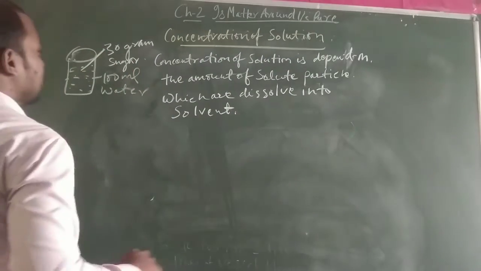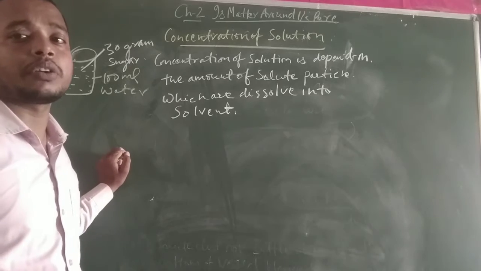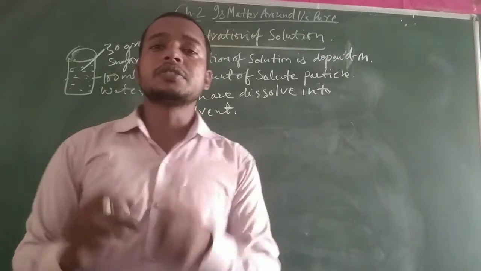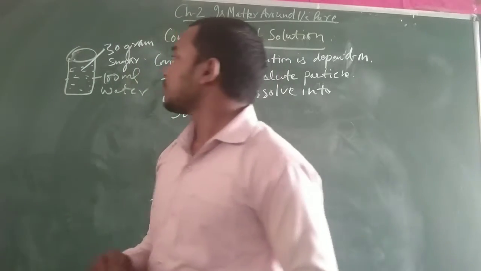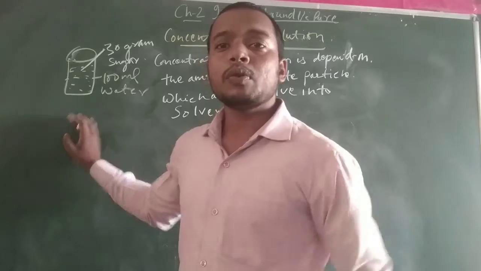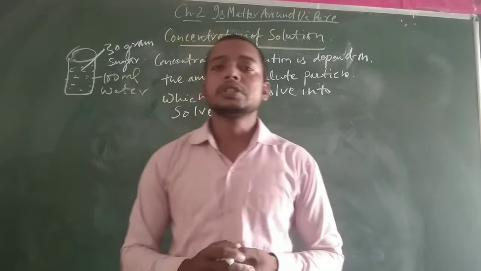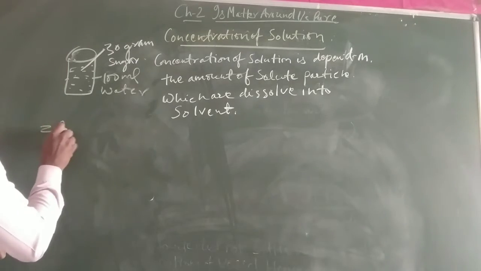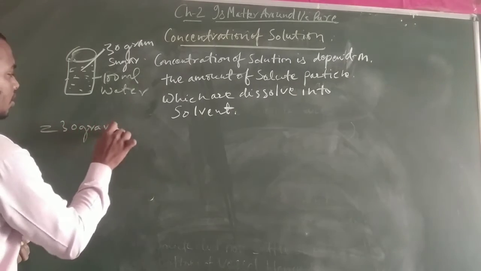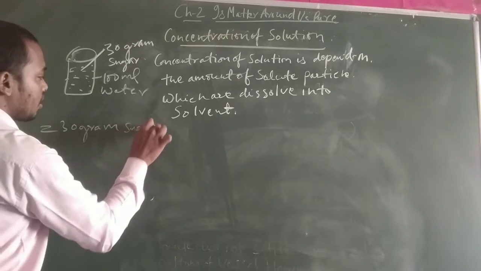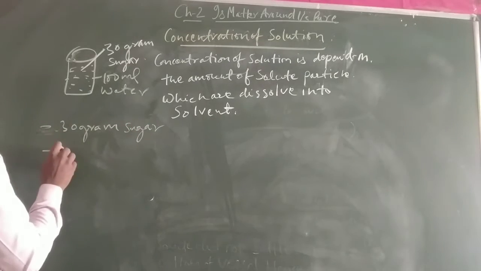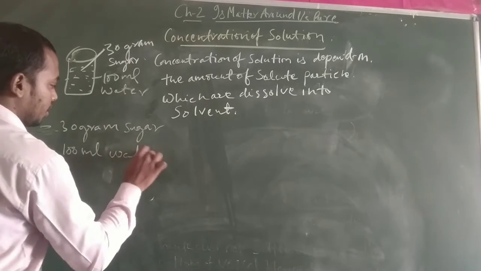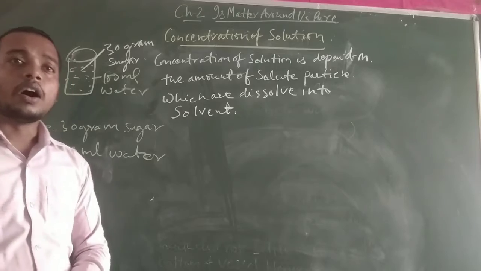Here is a beaker with a capacity of 100 ml. Take the 100 ml water and add 30 gram sugar into it, dissolve and mix properly. After some time, the 100 ml fresh water becomes a sweet solution, and here is 30 gram sugar and 100 ml water.